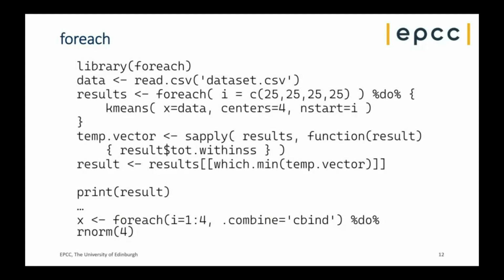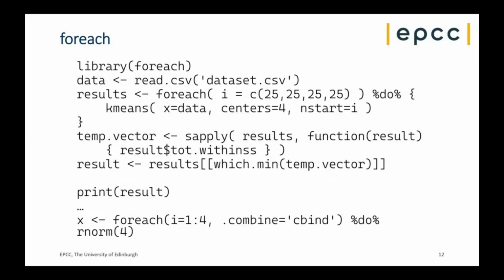As already mentioned, if we've got things where we want to iterate over a loop to do different things, and this is quite common if you want to loop over a vector or a list and do things to them, then we can also use this foreach library. Here's a re-implementation of my k-means in parallel, using foreach instead of lapply.